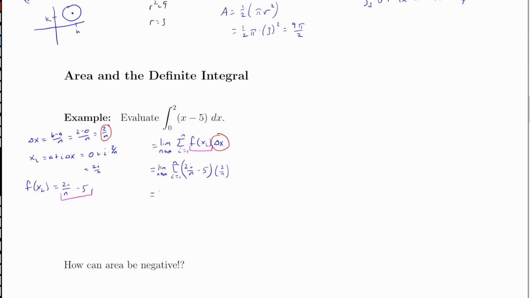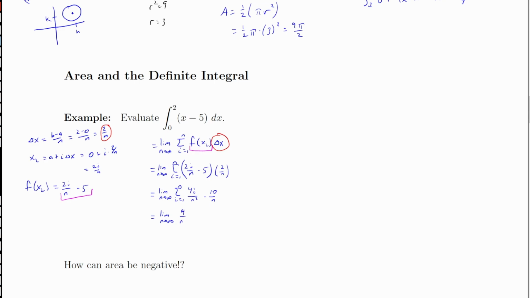Okay, so I'm going to multiply things out. So 2 over n times 2i over n is going to be 4i over n squared. I get minus 10 over n. So now I'm going to break this up into two separate sums, and at the same time I'm going to factor out constants. So the 4 over n squared is constant relative to the sum.